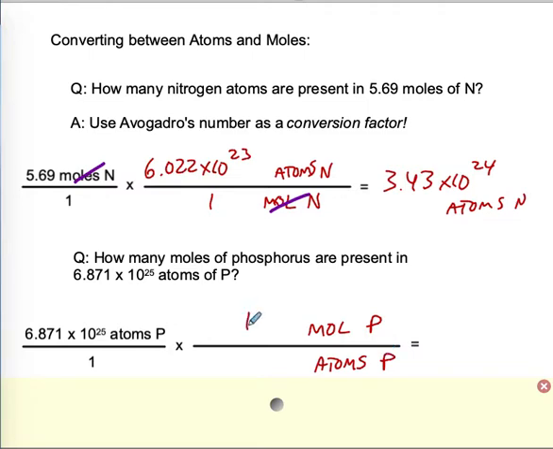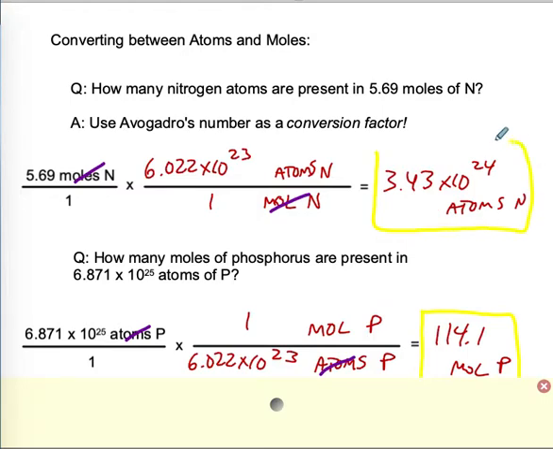Again, 1 goes with moles, 6.022 times 10 to the 23rd goes with atoms. Atoms of phosphorus cancel atoms of phosphorus, and rounding down to 4 significant figures, I get 114.1 moles of phosphorus. Notice that an acceptable abbreviation for mole is mol.